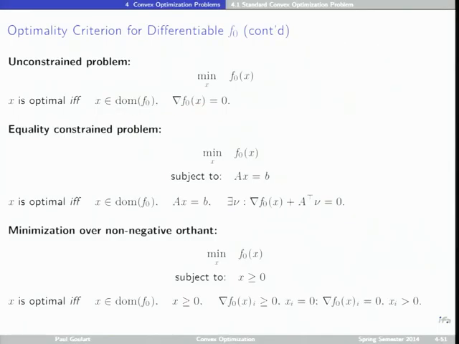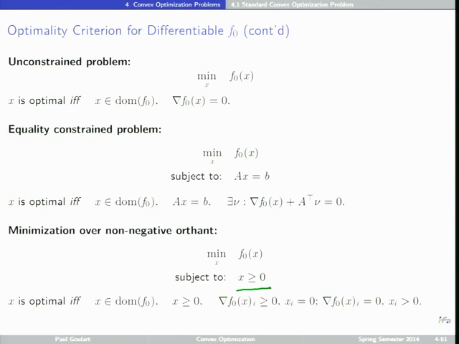Okay, and then another condition I can state when I have an inequality constraint, so here I have sort of the simplest one, is that if I have x being non-negative, then x is optimal if and only if these two complementary conditions are satisfied.